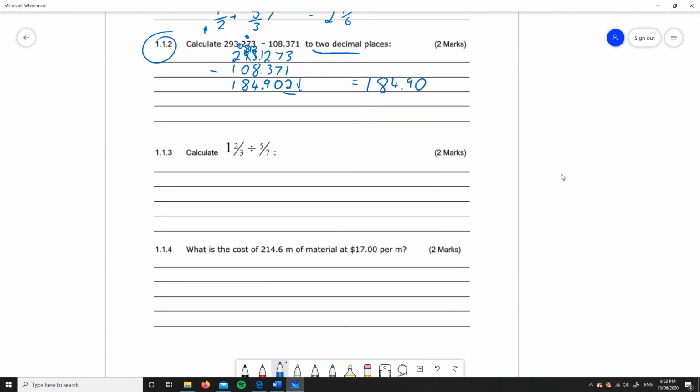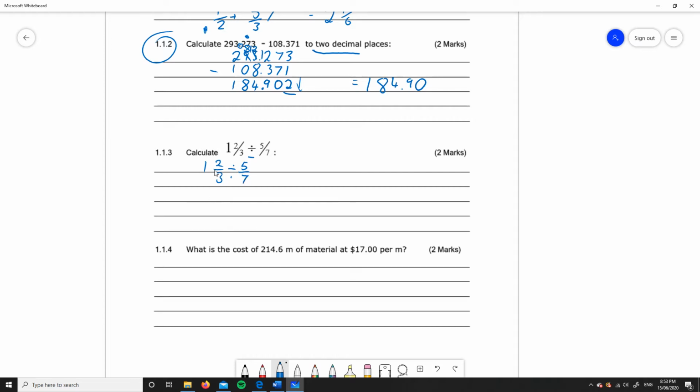Okay, so this next one we're looking at a division of a fraction. 1 2/3 divided by 5/7.